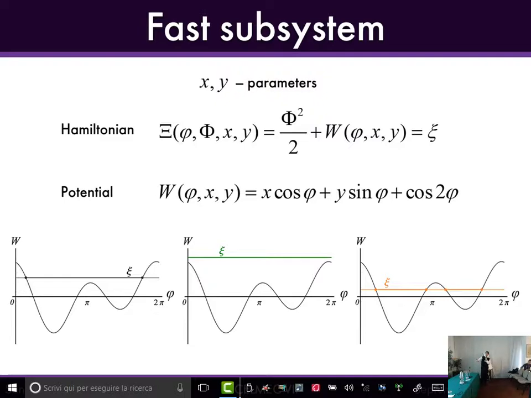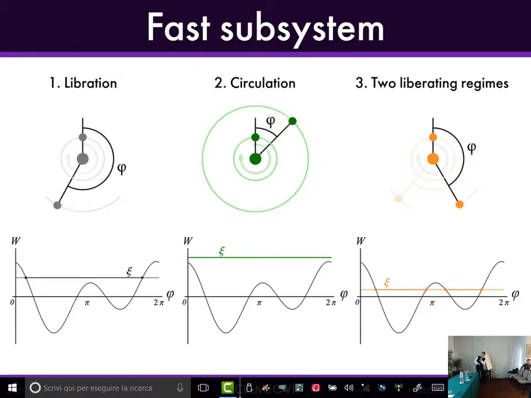If the Hamiltonian level lies above the potential, then the resonance angle circulates, and if they intersect in 4 points, and there aren't any other cases because the potential is just a biharmonic function, then for this case we have two different librating solutions for the fast subsystem. And here are some animations that should somewhat give an idea of what these motions are.